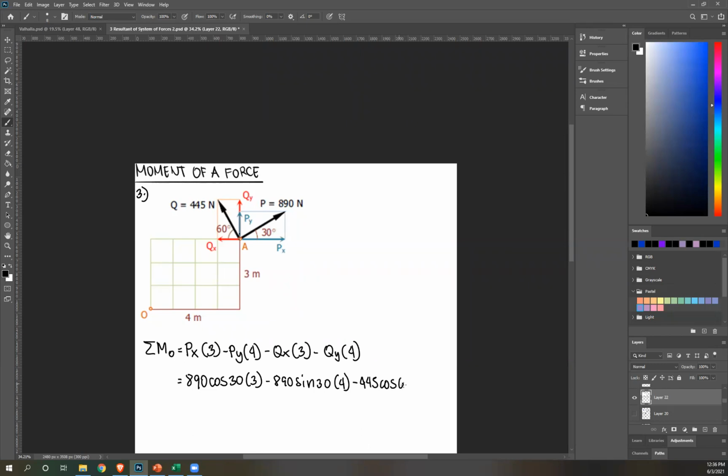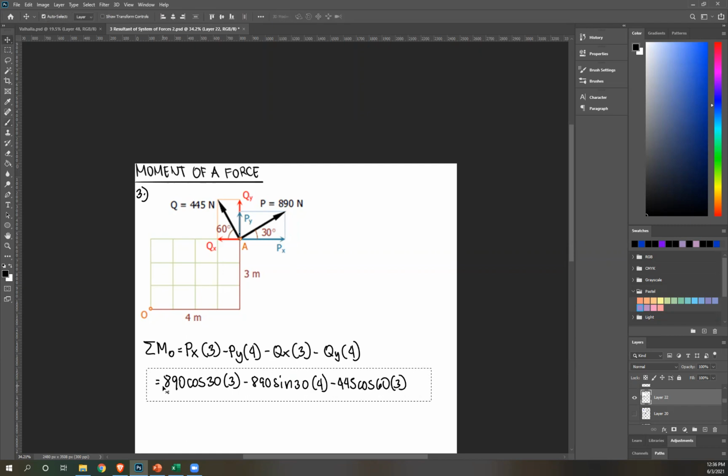cosine 60. And then finally, let me just move this, create space. Finally, minus 445 Qy. So that's sine. Forgot to multiply this by 3. Don't forget to multiply by the distance. We need more space.